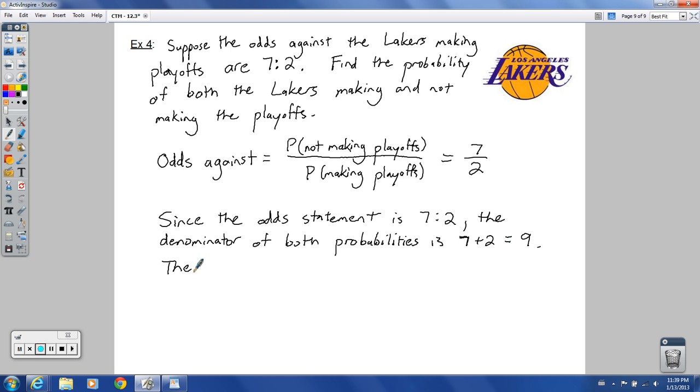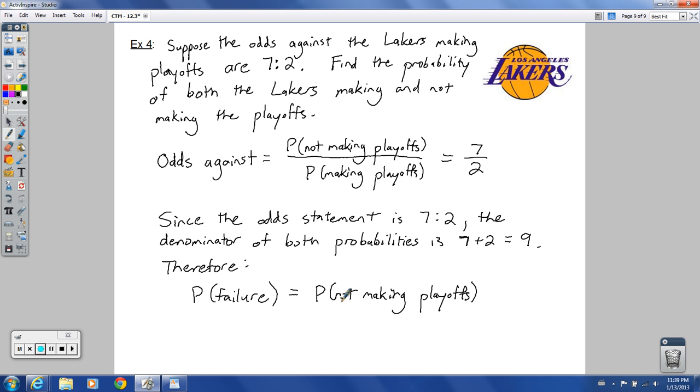Okay, so therefore, probability of failure, that 7 still goes with this. That's the probability of not making the playoffs, in other words.